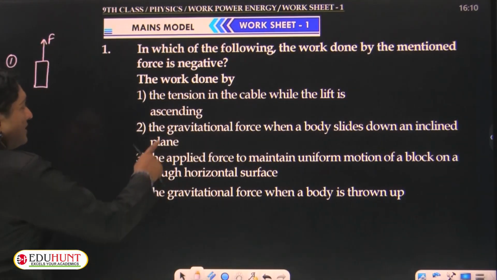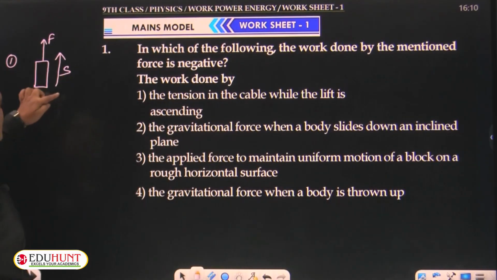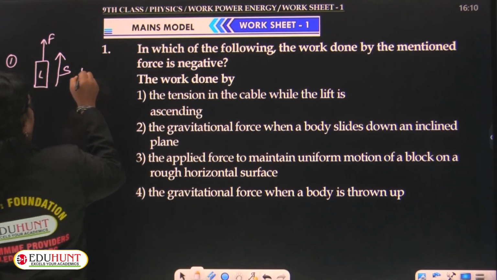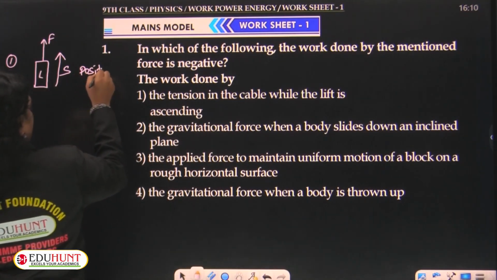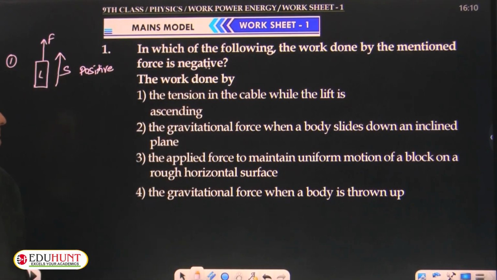The lift is ascending, so its displacement is also upwards. Both the displacement and the applied force are in the same direction, so this is an example of positive work done. But here you are asked to find the negative work done.